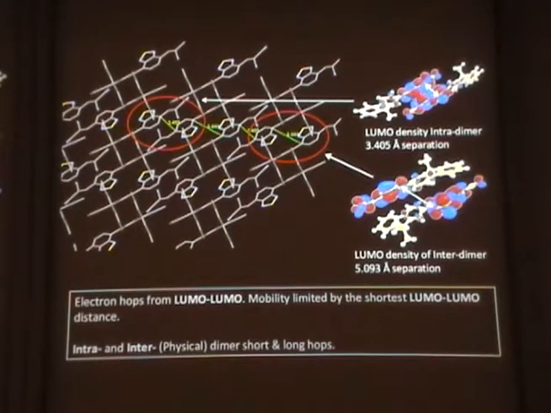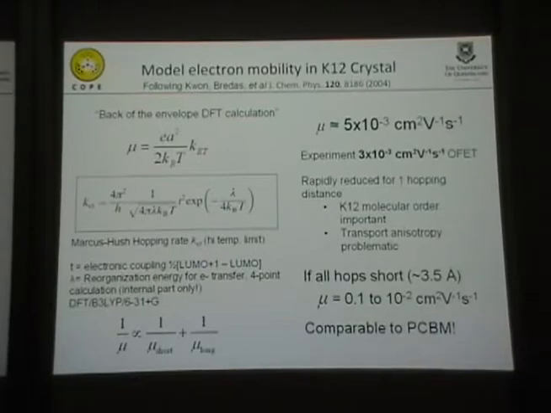And we can do a bit of a back-of-the-envelope calculation of this following the work of Schwenn and Brede. And that involves using the Einstein diffusion equation with the diffusion rate given by the Marcus-Hush electron transfer rate equation in the high temperature limit.